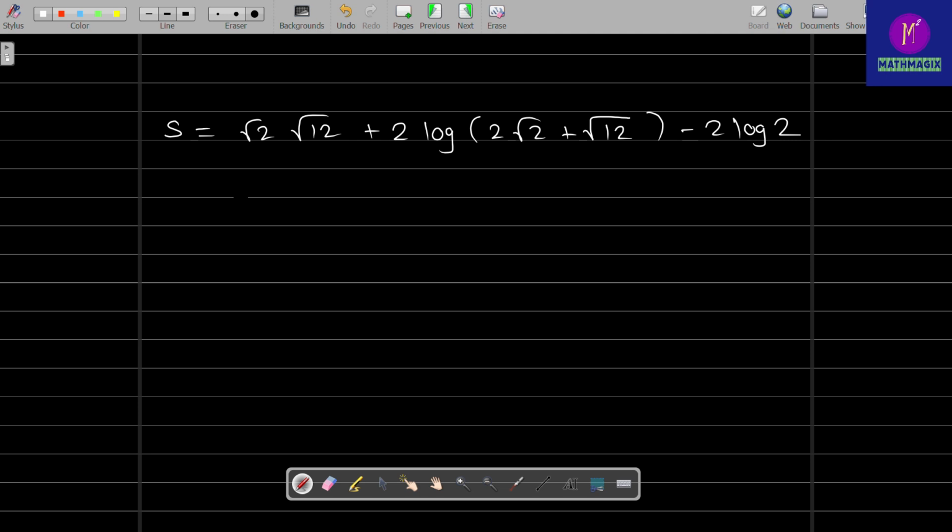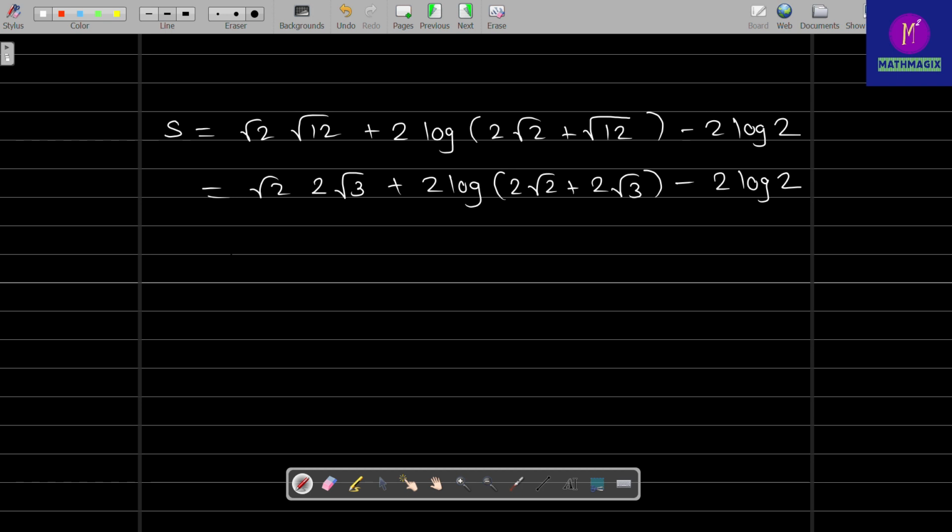So here we can write root 12 as 2 root 3, plus 2 log of 2 root 2 plus root 12, which is nothing but 2 root 3, minus 2 log of 2.